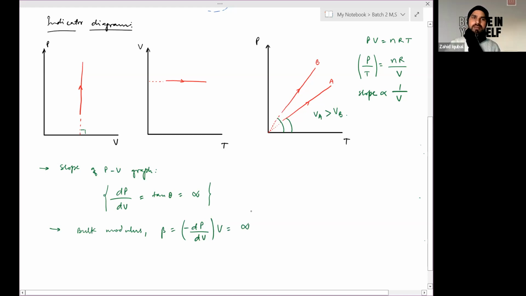In mechanical properties of solids, I defined for you that if the modulus of elasticity of a particular material is infinite, the body will behave as perfectly rigid. Since bulk modulus is coming out to be infinity, we can say this process will behave as defined for a perfectly rigid system.